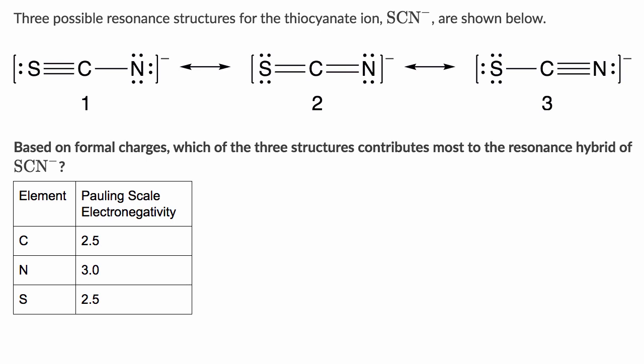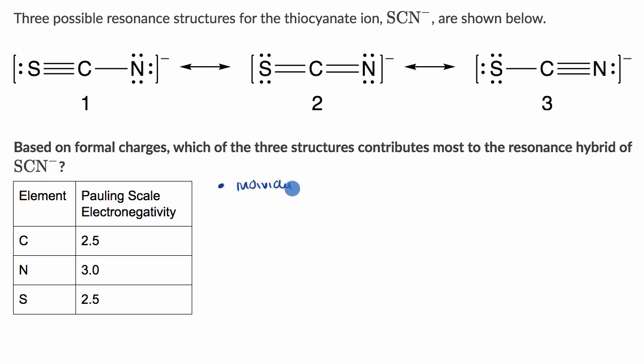So there's really two things we want to optimize for when we're thinking about which of these resonance structures contributes most to the resonance hybrid. One, we want to figure out the resonance structures where individual atoms have formal charges as close to zero as possible. So let me write that down.